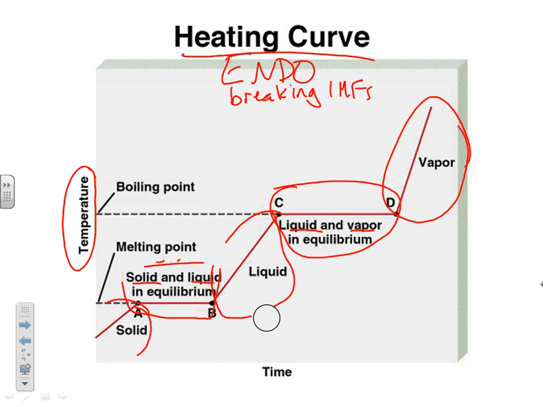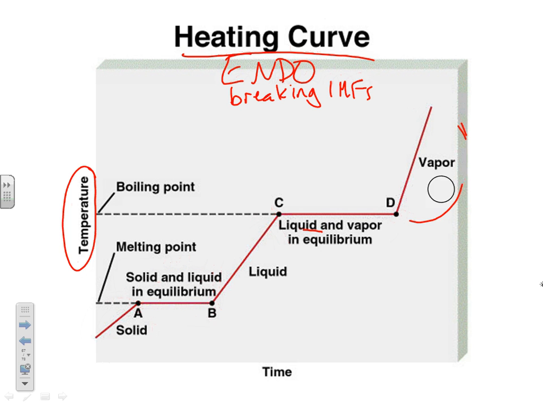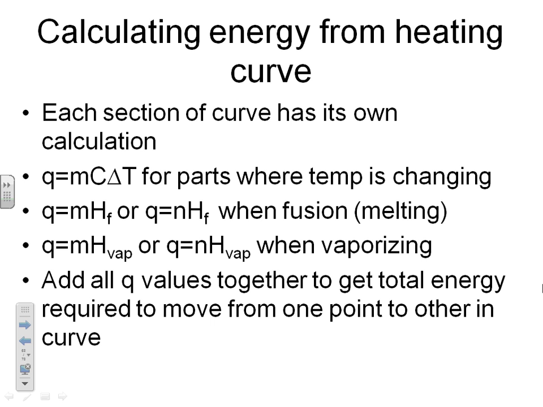Now, I have to erase some of this because I need to continue writing on this later. In terms of thermochemistry and heat calculations, each section of a heating curve is actually related to a calculation for heat that we can do.